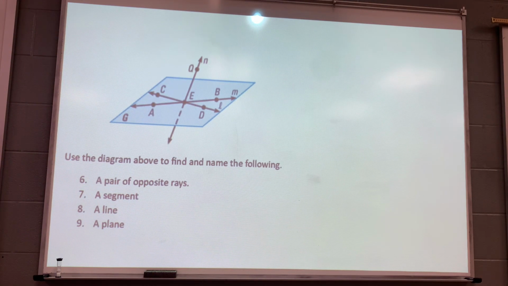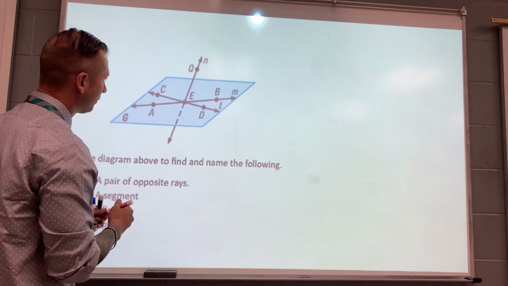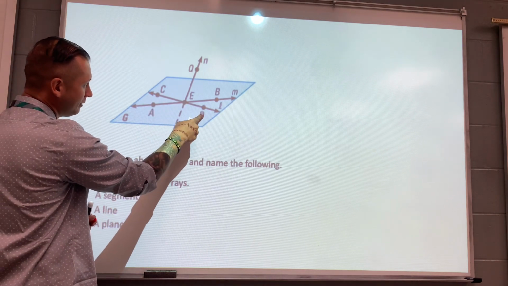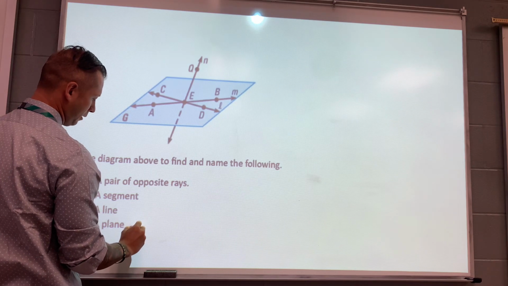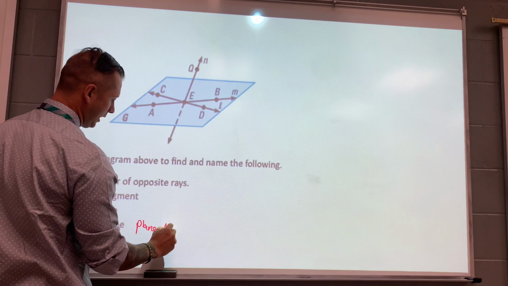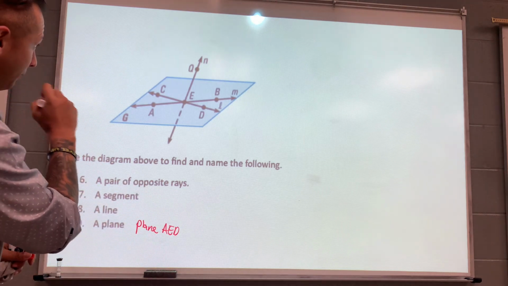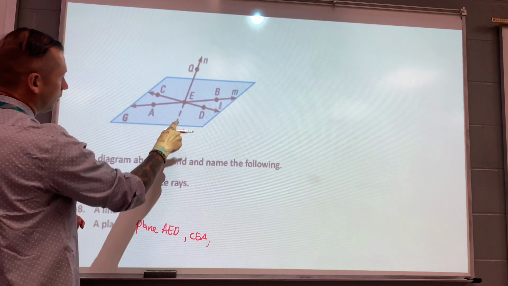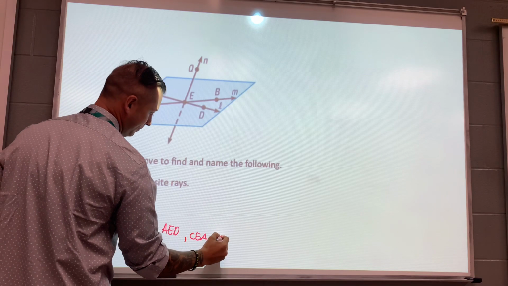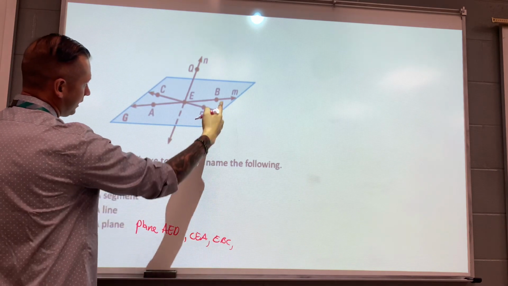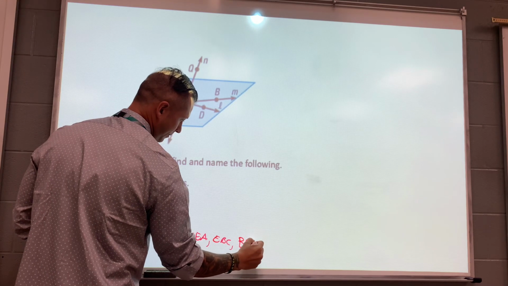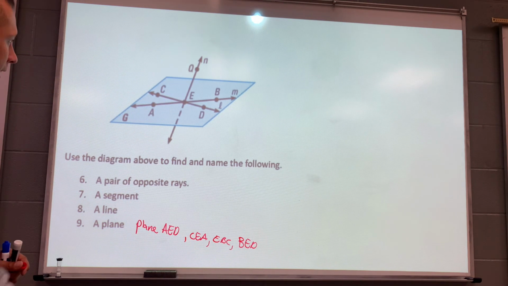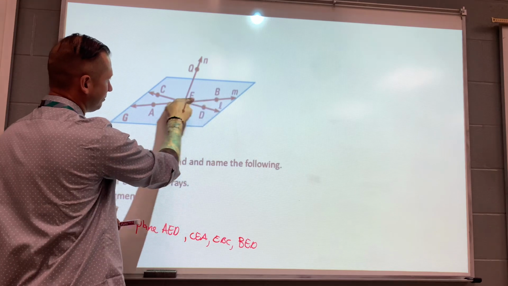All right, a plane. Definition of a plane. We need 3 non-collinear points. So EAD, plane AED, and any combination of those 3, CEA, or EBC, BED, and any combination, as long as the 3 points aren't on the same line.